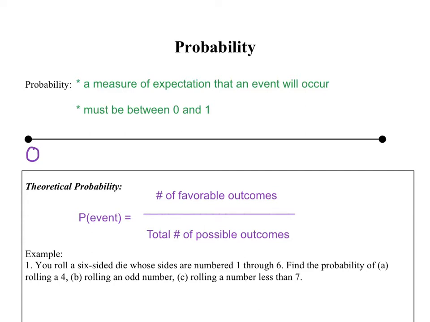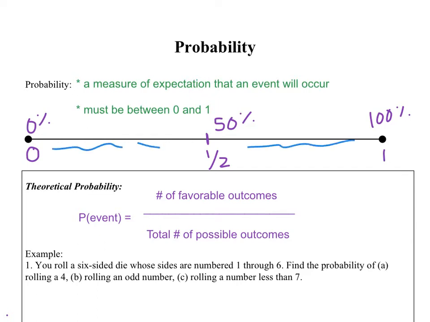And then, of course, there is 1, which would be 100%, and 0 would be 0%. In the middle would be 1/2, which you guys know to be 50%. And everywhere in between are all your other percentages or probabilities. But it has to be between 0 and 100.